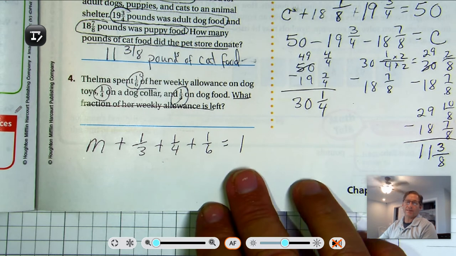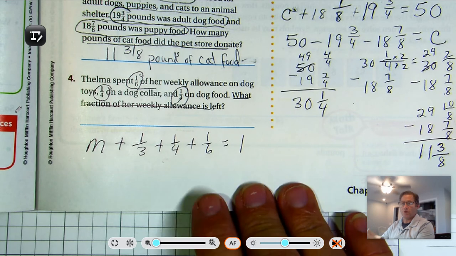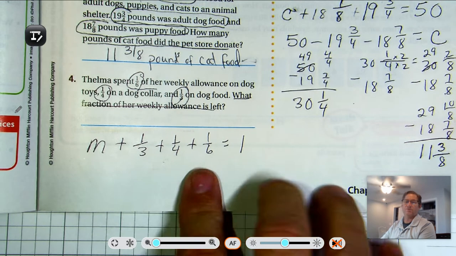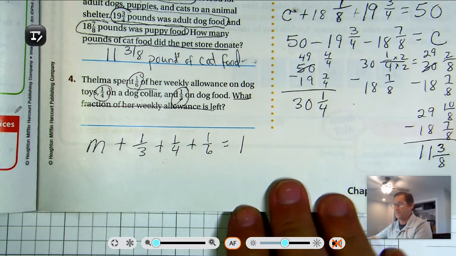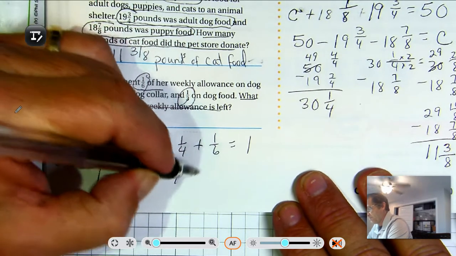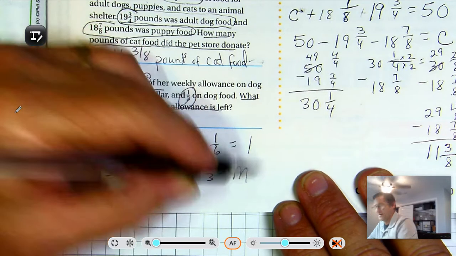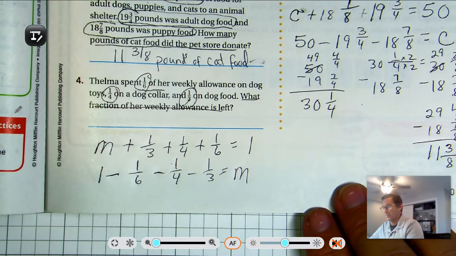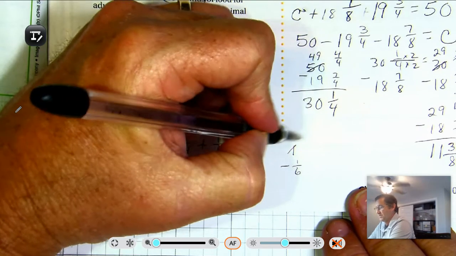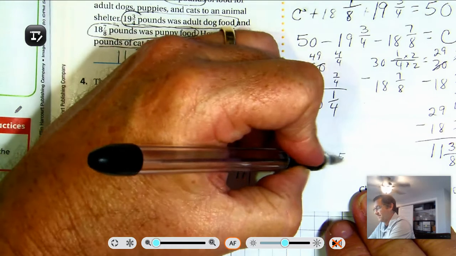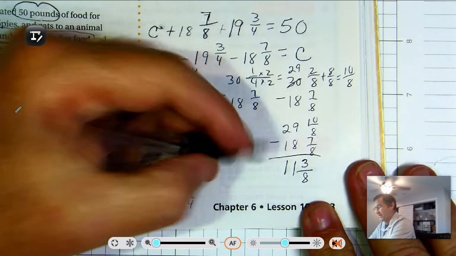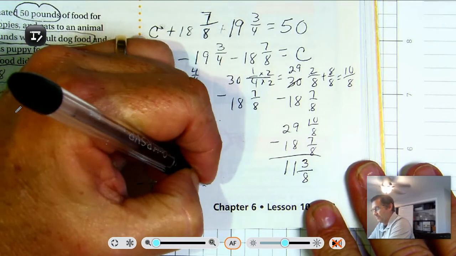The reason I say 1 is because the whole allowance is 1 whole. Okay, so these fraction amounts will add up to 1 whole of her allowance. So let's work backwards. 1 minus 1/6 minus 1/4 minus 1/3 equals the amount she has left.